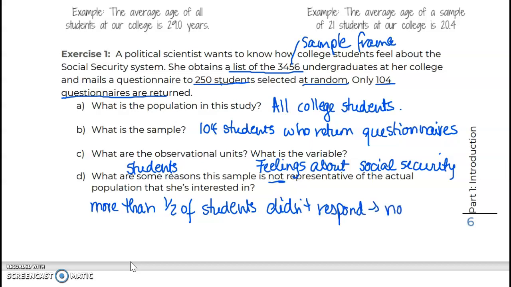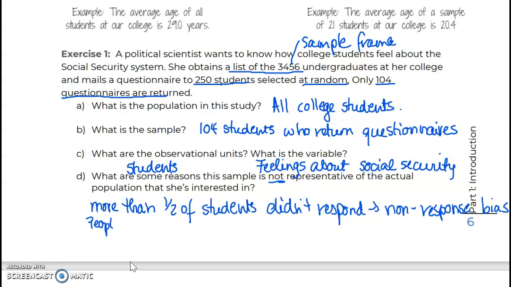We call this non-response bias. Now, this could create a big issue because possibly the people that did respond may feel very strongly about the subject, and they may feel very differently than the rest of the 250 students that didn't return their surveys. So this really creates a big problem over here. Again, it's called non-response bias.